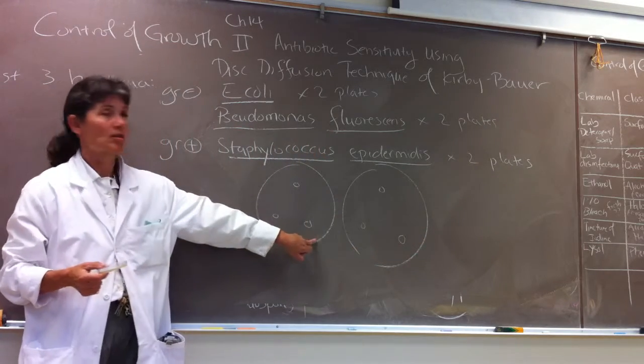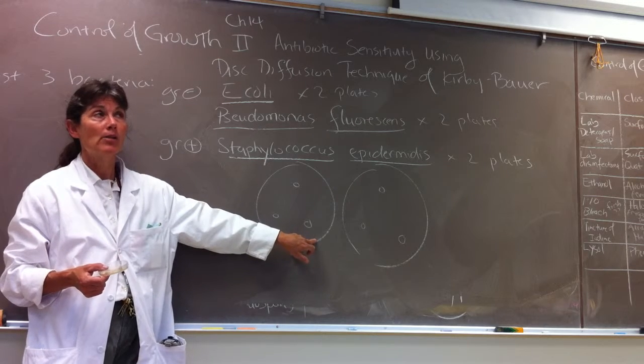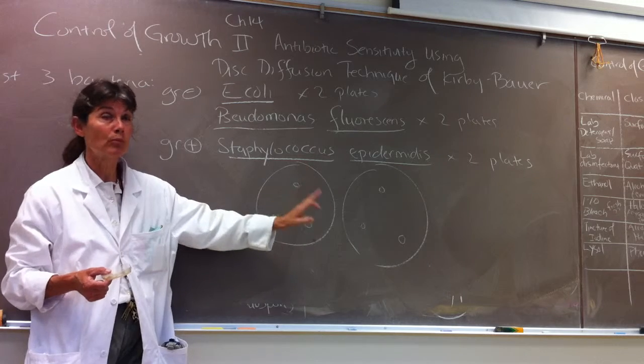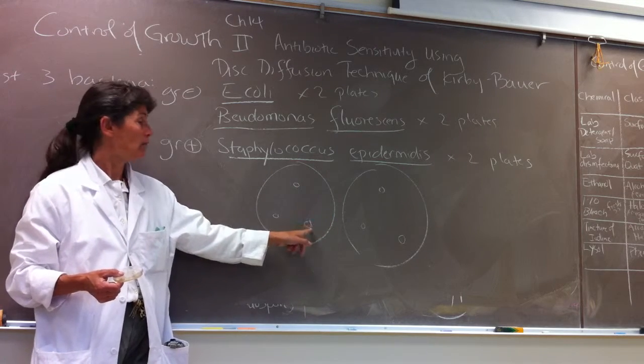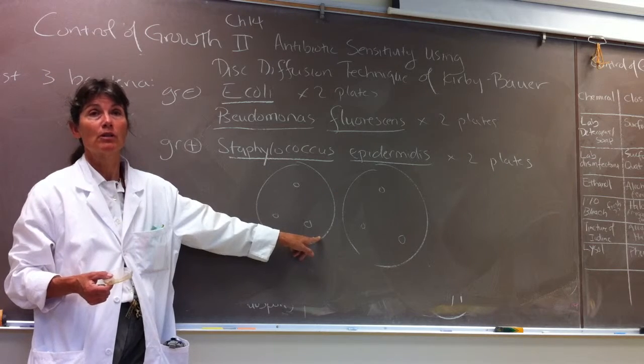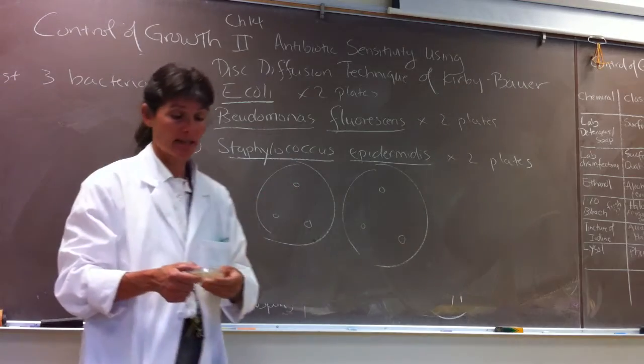Remember, you don't want your discs right up next to the wall because it'll be very important on Thursday. We are going to be measuring the zones of inhibition. It becomes really important that we have good measurements. If you put the disc right up against the wall, it's going to be more difficult to measure the zone of inhibition. So you want to space them, 3 antibiotic discs on the plates.